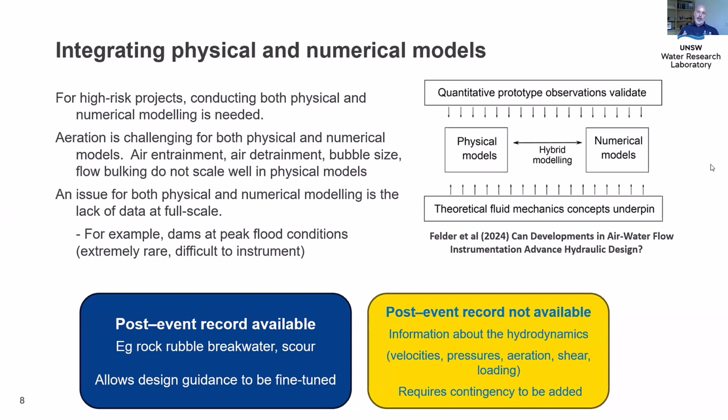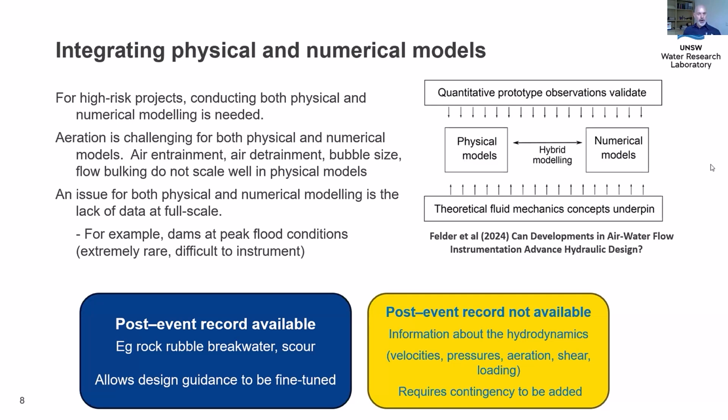Okay, and so one of the challenges that we have is that we don't have really good prototype information. So you think about a dam, which is designed for maybe up to a 100,000 year or a million year event. The chances of seeing that are very rare. And to capture that, we have to have our instruments in the structure over a very long period.